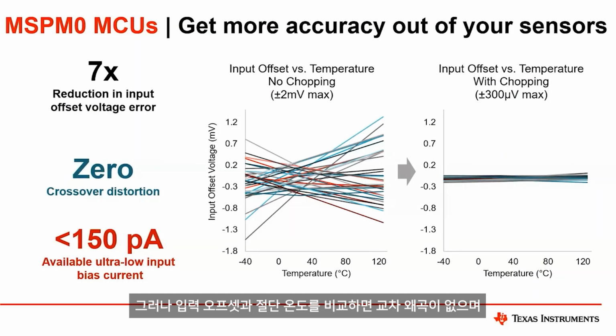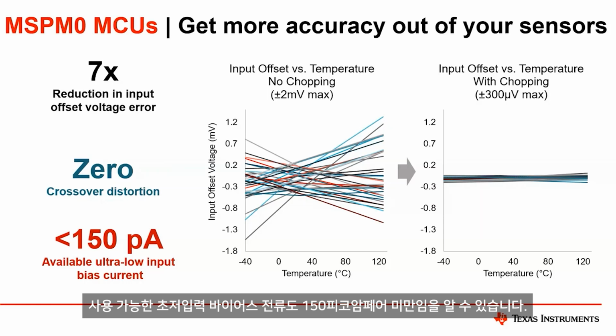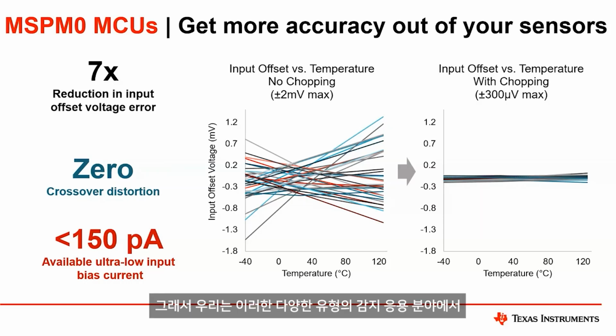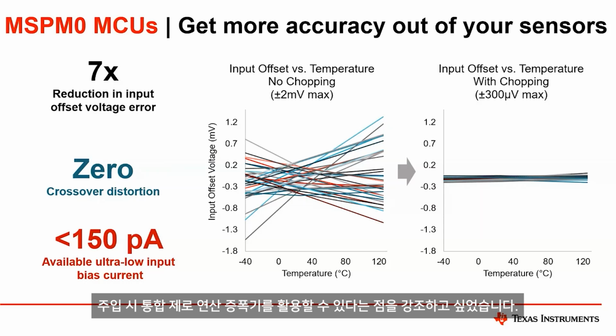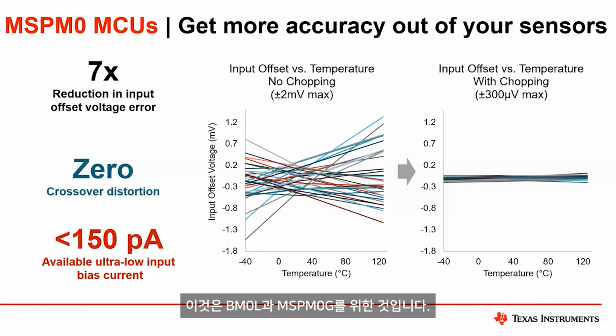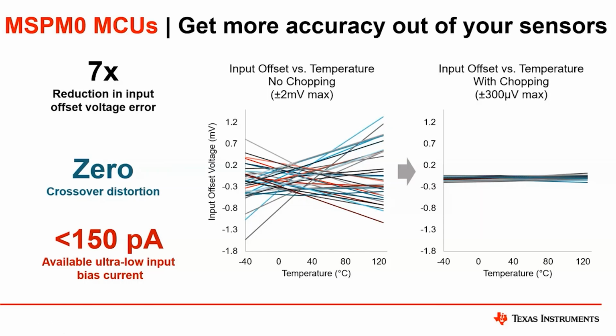But with input offset versus temperature with chopping, you can see there's 0 crossover distortion and less than 150 picoamps of ultra low input bias current as well. We really wanted to emphasize that in these different types of sensing applications, you can utilize an integrated zero-drift op-amp in your MCUs, and this is for both MSPM0L and MSPM0G.